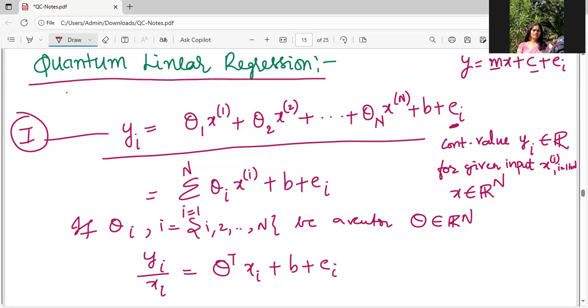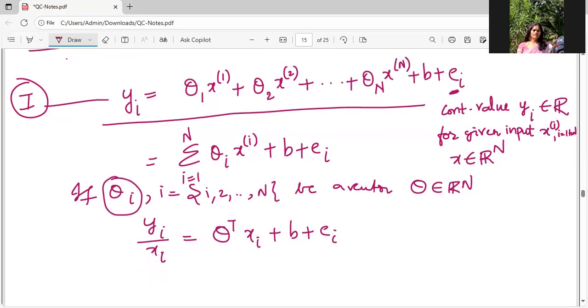Suppose I am representing this theta i by a vector theta which belongs to Rn space, instead of theta i I say it is just theta. Then I can rewrite the above relationship, multiplying with theta transpose.